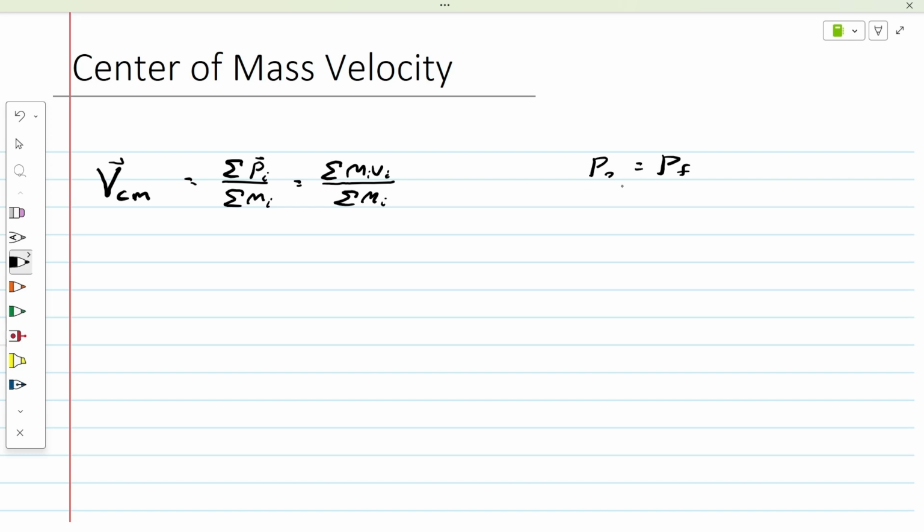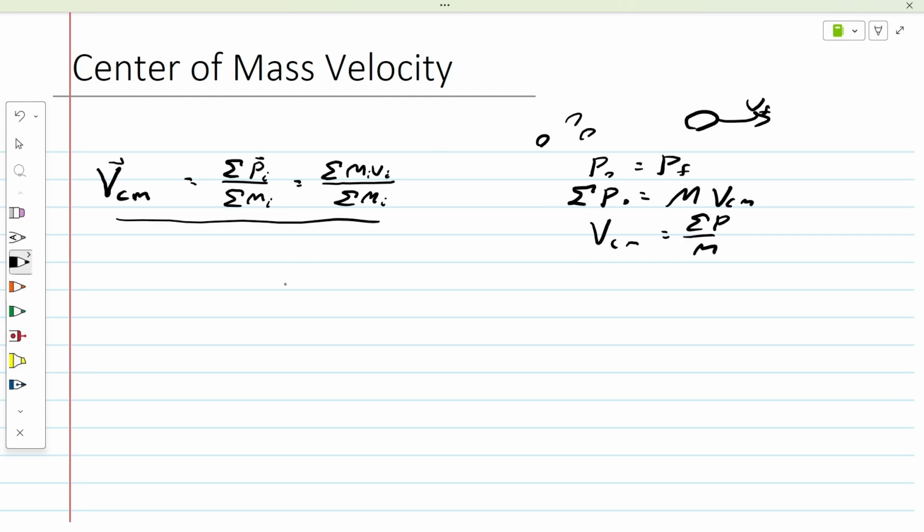The P initial is the sum of the momentums initially, and the final is just, let's say we have multiple pieces and they come together as one blob moving with a V final. Now we have the total mass times the V center of mass because it's just one velocity, and we can divide by this M, and we get the sum of the momentums over the mass. And so when momentum is conserved, so is the velocity of the center of mass.